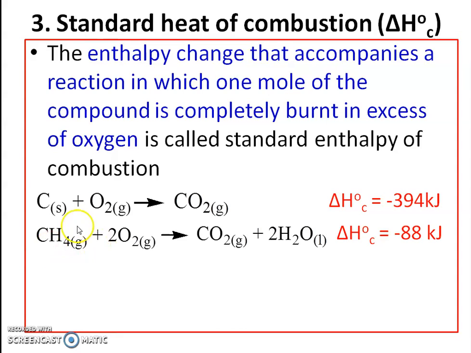Another example: when 1 mole of methane is completely burnt in excess of oxygen, we get carbon dioxide and water, and at the time of burning of 1 mole of methane, there is an evolution of 88 kilojoule of heat, and this is the enthalpy of combustion of methane.